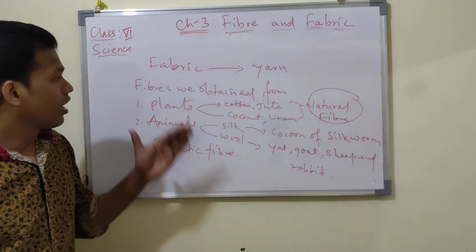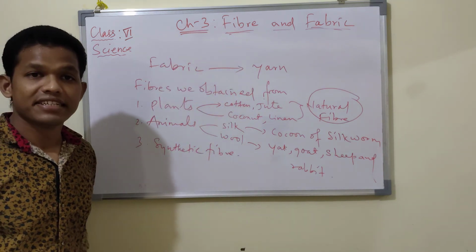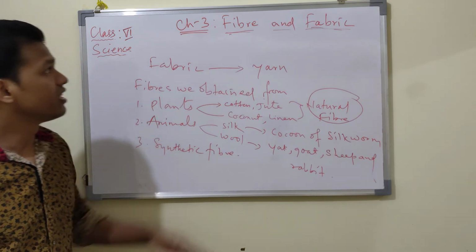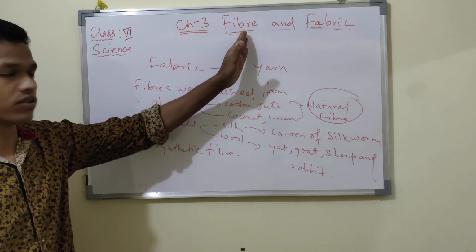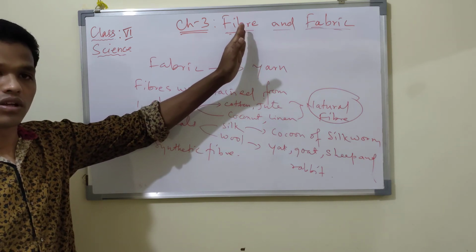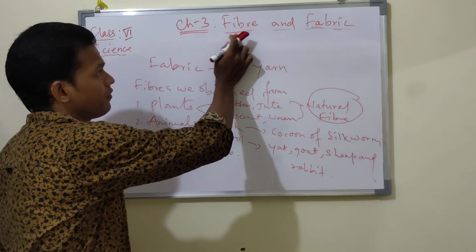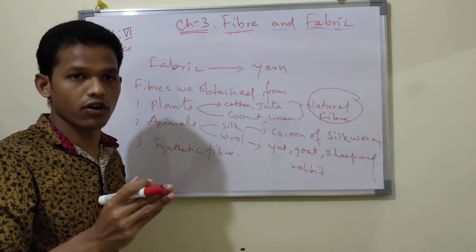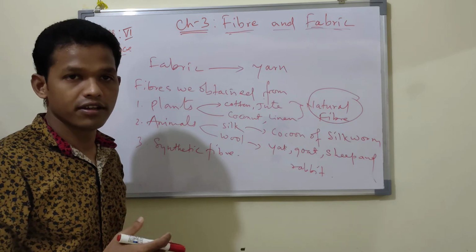So I hope you understood. What is fiber? Fiber is a thin and long filament structure, a piece of thread. Fabric is a piece of cloth made by knitting or weaving of different yarn.